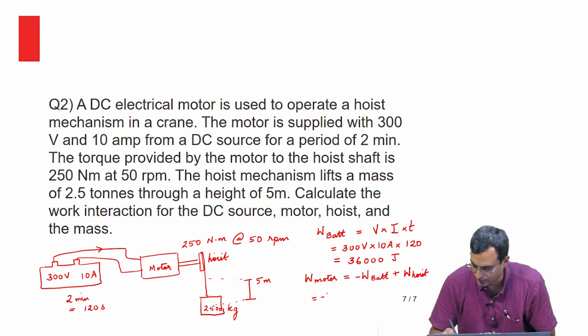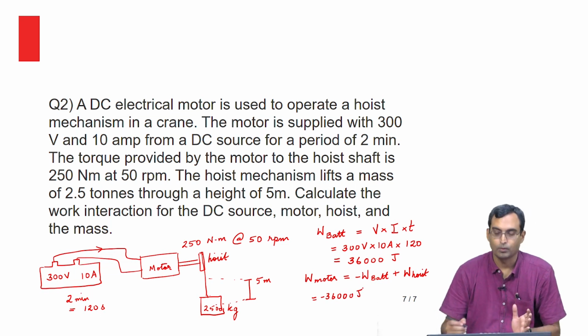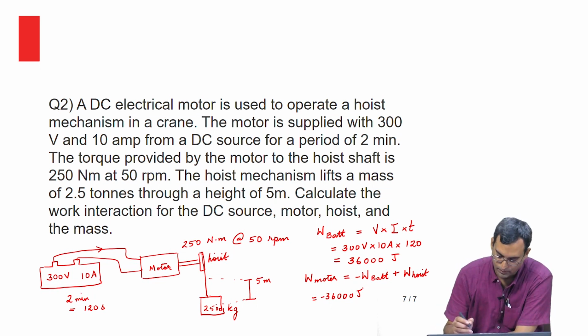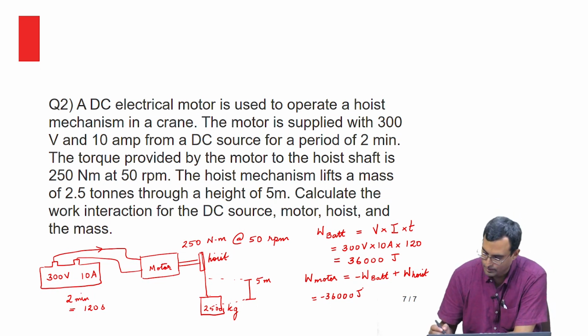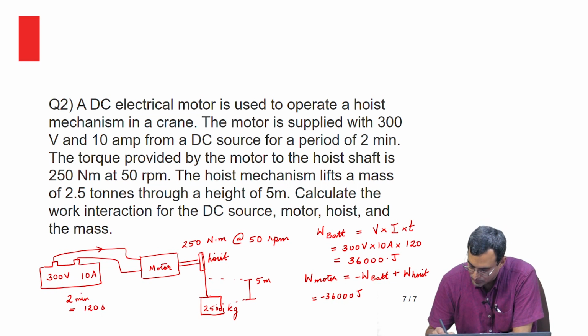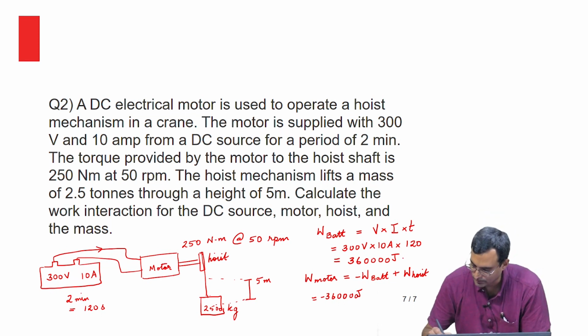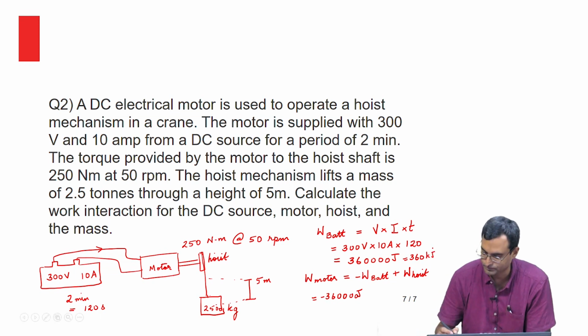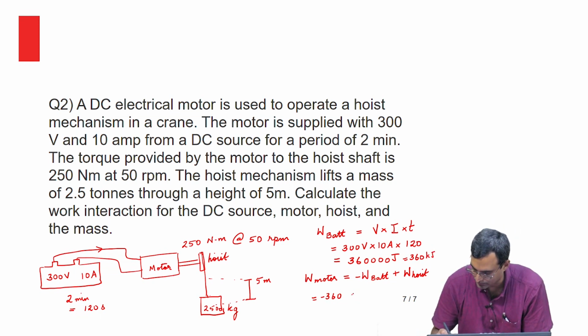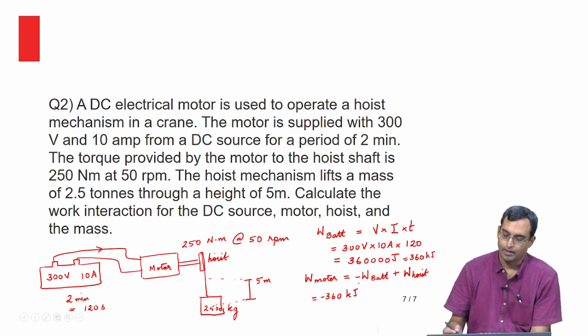So, this is minus 36,000 joule. And if we look at what the motor is doing, okay, I think I have missed out one zero here, which is being pointed out. So, yeah, I have another 0. So, that is essentially 360 kilojoule. So, let me write that as this.